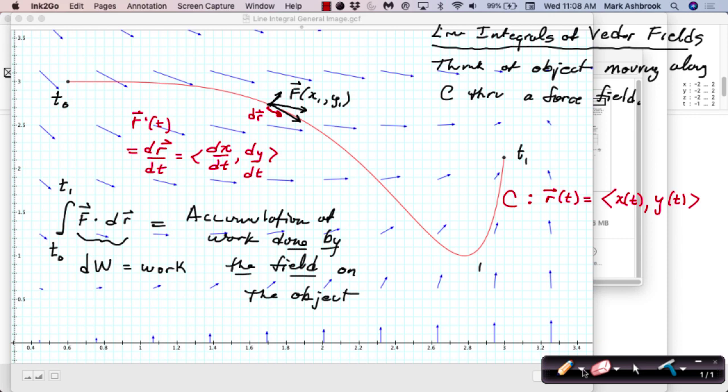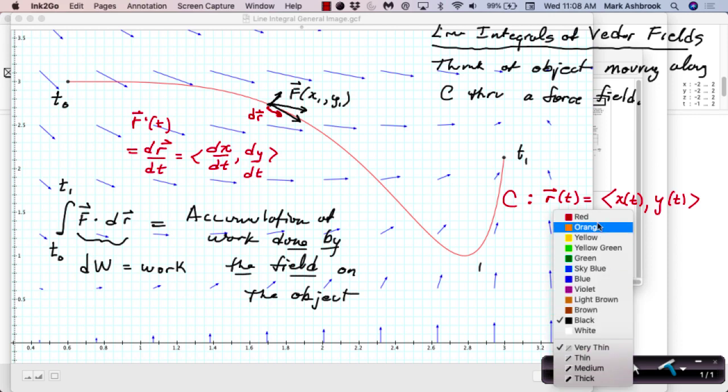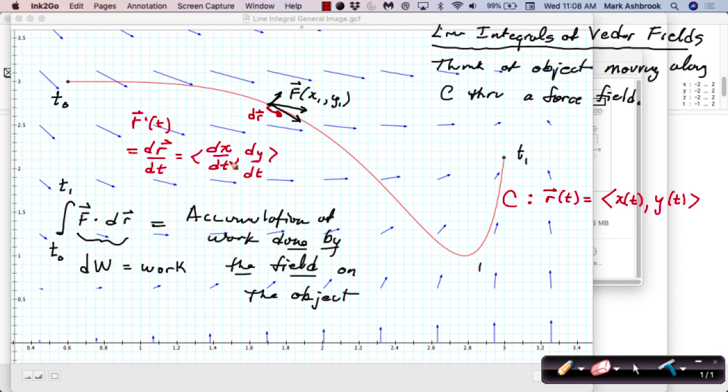According to what I wrote here, if dr/dt is dx/dt, dy/dt, then dr equals dx/dt, dy/dt dt. It's not a gradient, because it's a path. So that's our dr, and in our integral we'll use that. That puts everything in terms of t. We have a single integral, and we can solve it in terms of t.